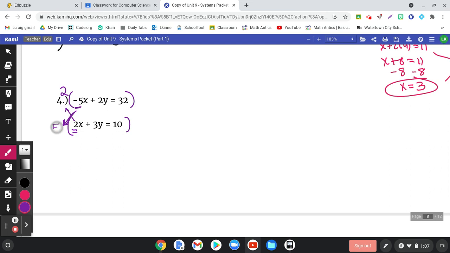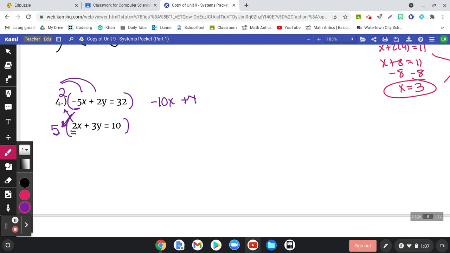Opposite of -5 is +5. So 2 times -5, -10x. 2 times 2y, 4y. 2 times 32, 64. In the bottom, 5 times 2x is +10x.